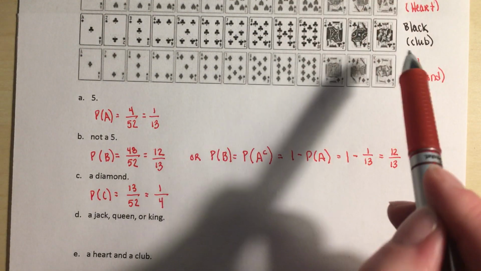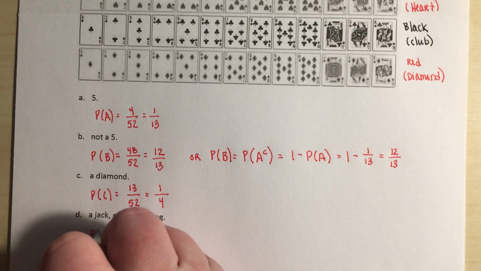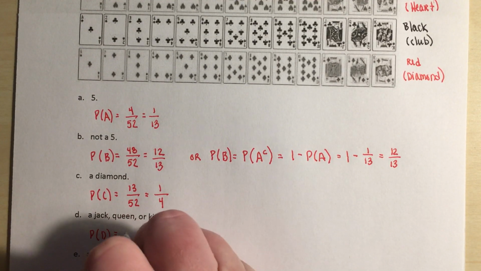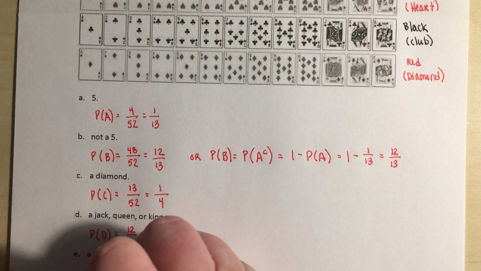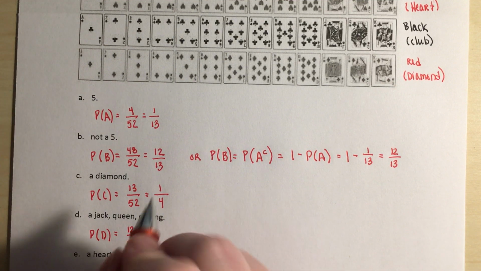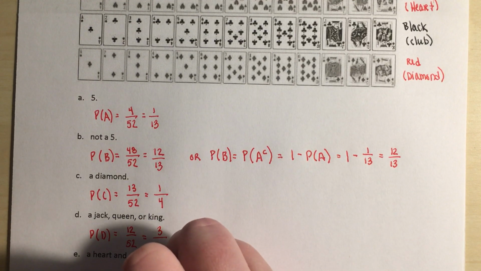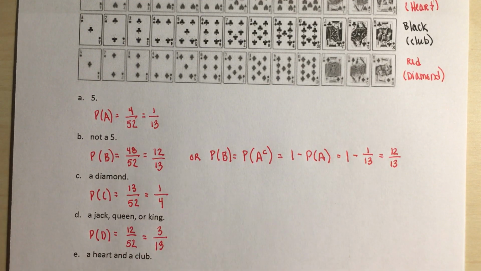In total, our face cards, as we sometimes call them, we have 12 of those. So 12 over 52. Both 12 and 52 are divisible by 4. 12 divided by 4 gives us 3. 52 divided by 4 gives us that 13 again.